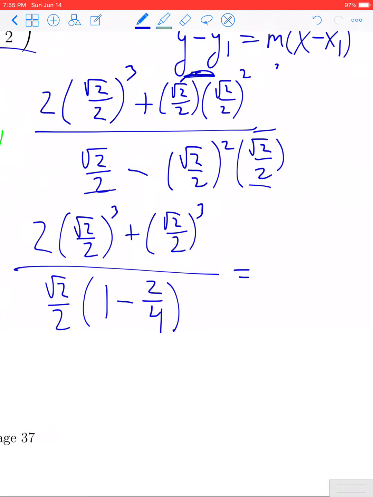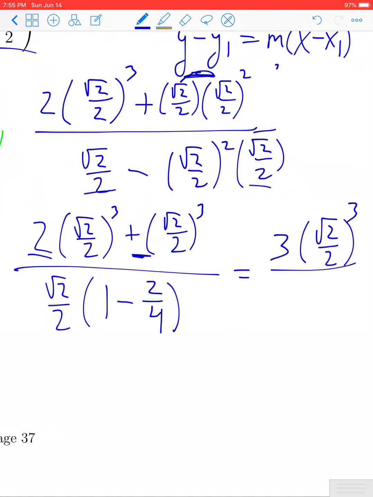This is equal to, in the numerator, I have 2 radical 2 over 2 to the third, plus another 1 radical 2 over 2 to the third. That'll give me a total of 3 radical 2 over 2 to the third powers, divided by, in the denominator, 1 minus, this is essentially a half. 1 minus a half is a half, and that's times a radical 2 over 2.